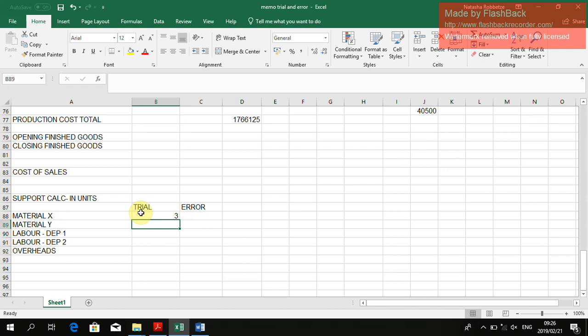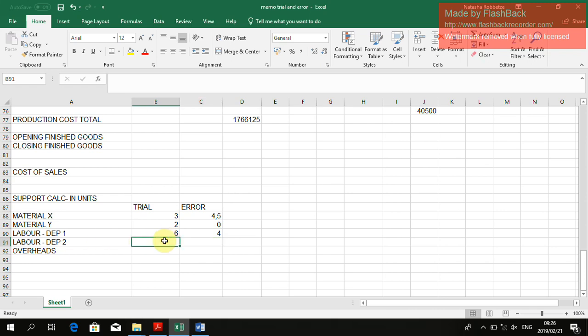For raw material Y, it is 2 kilograms times 1 rand. That price, of course, later changes, so we'll talk about that just now. For material X here, it's 3 kilograms at 1 rand 50, and we do not use any raw material Y. Then in the labor department 1 for trial, we have 3 hours times 2 rand, and in error we have 2 hours times 2 rand.